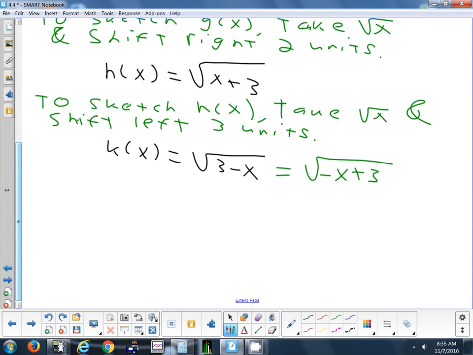Now that I've done that, I can see that there are 2 transformations that are happening here. Right, so I'm just going to write down to sketch k of x, take the square root of x. And what would you do first?